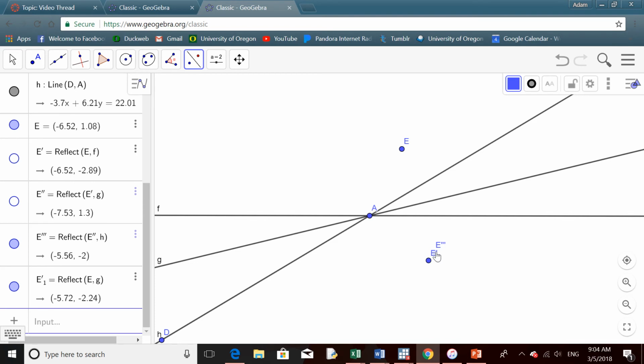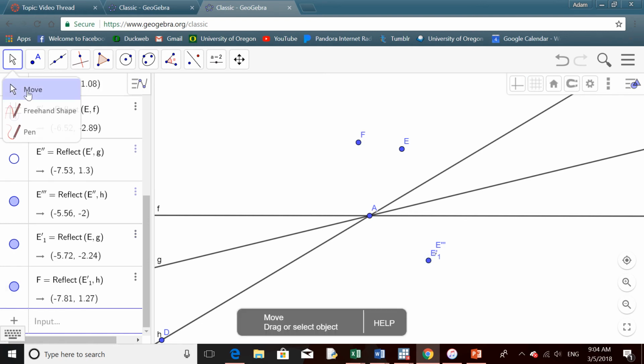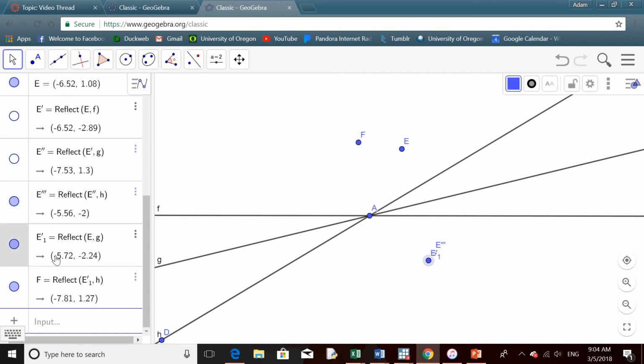We'll see here that we actually do have a separate line, which we'll call E1, which we will then reflect about H. We will get rid of E1 just, again, so we can better make sure we know what is going on in this system. As we can see here, this is going to be our image under the reflection of H of the reflection of G.